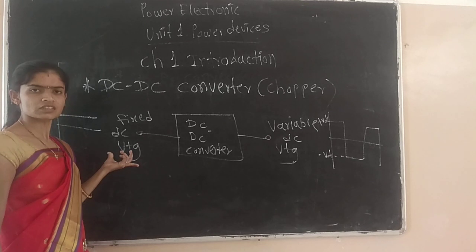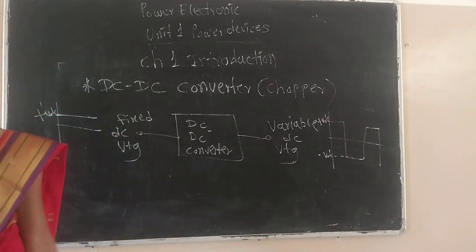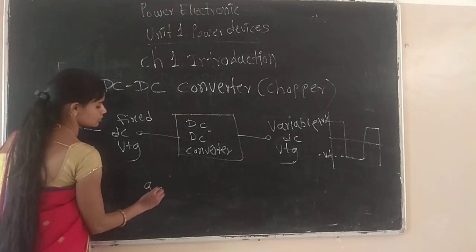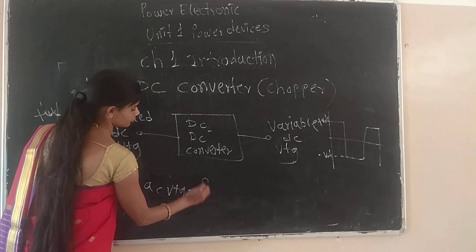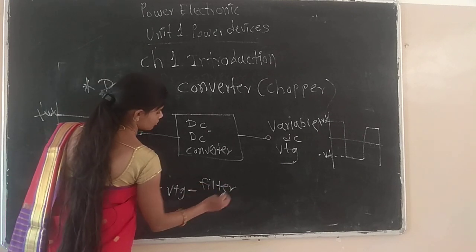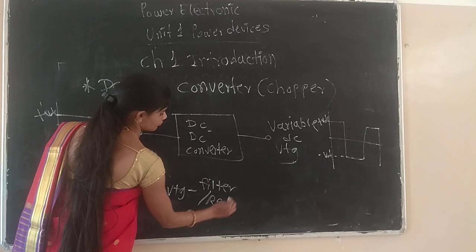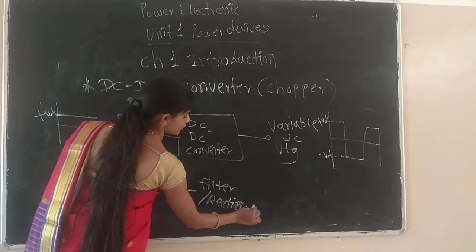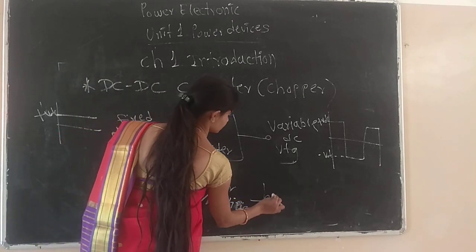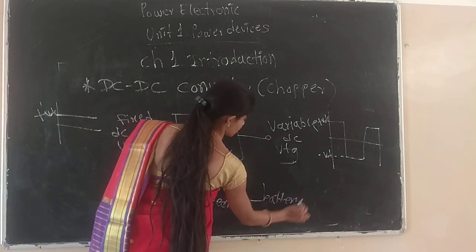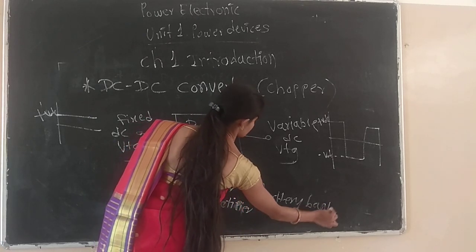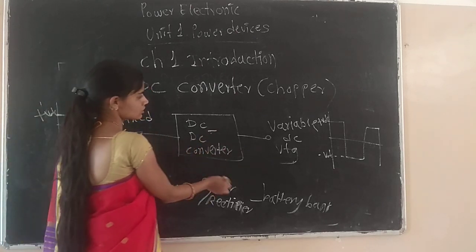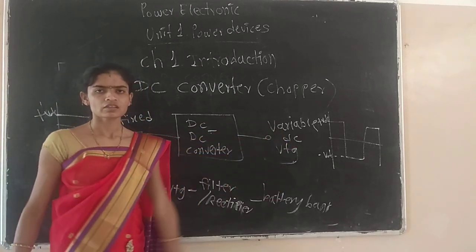We give a fixed DC voltage, and this fixed DC voltage is taken from the AC voltage, filtered or rectified using a battery bank. This is given to the DC to DC converter, and the output of this DC to DC converter is a variable DC voltage.